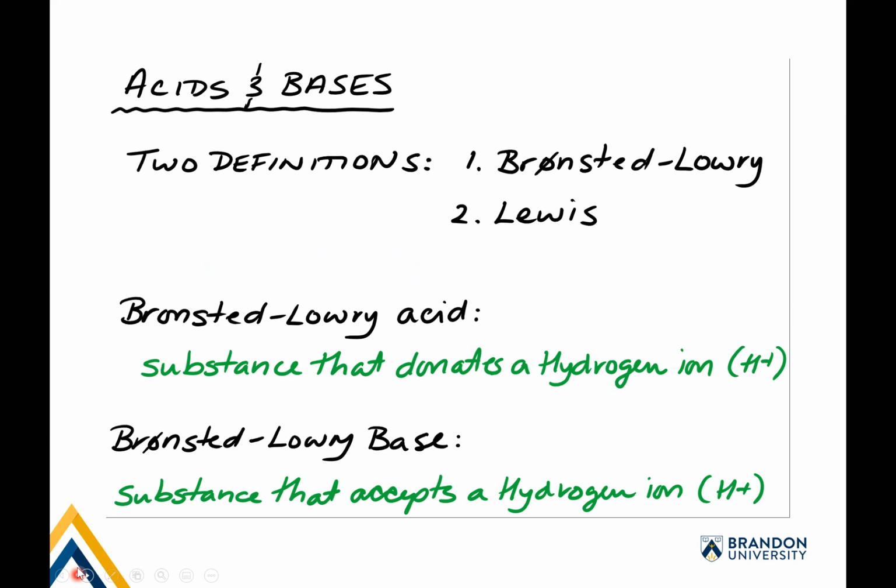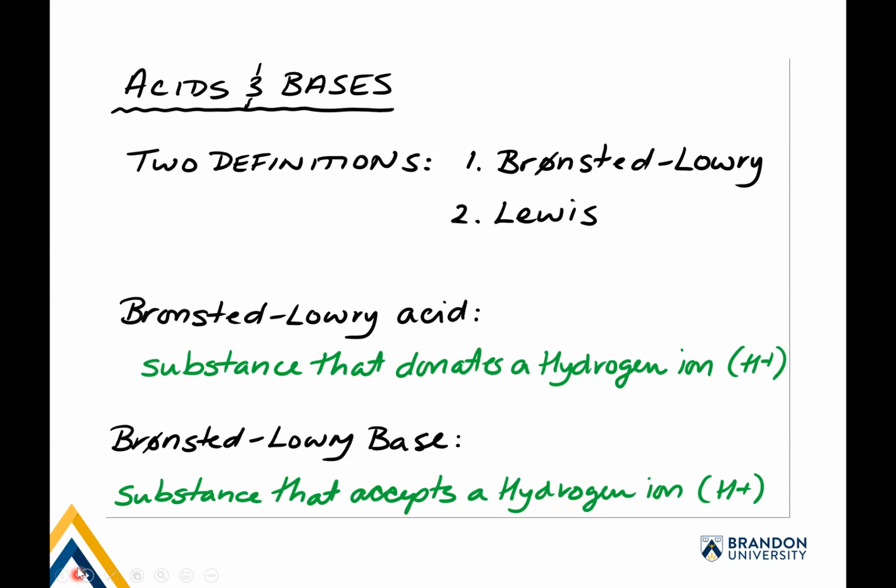Technically, the Bronsted-Lowry is a subset of Lewis acids and bases. So everything that we're talking about today can be moved under the umbrella of the Lewis acids and bases a bit later on, and I'll show you how that happens.